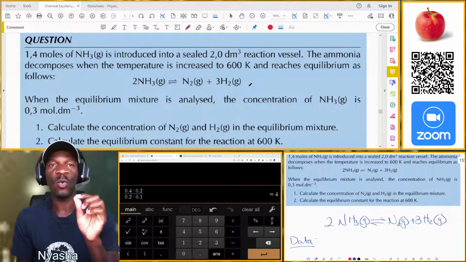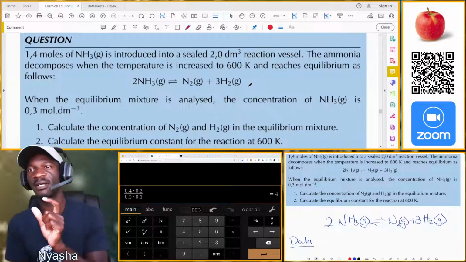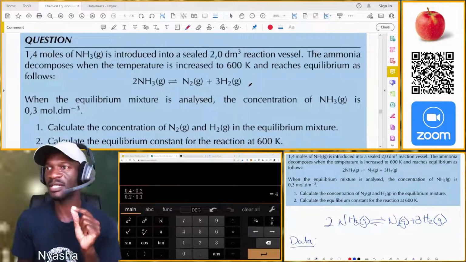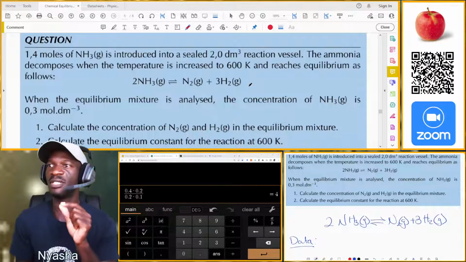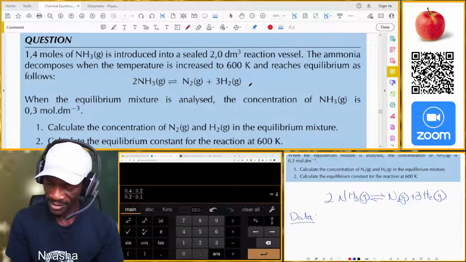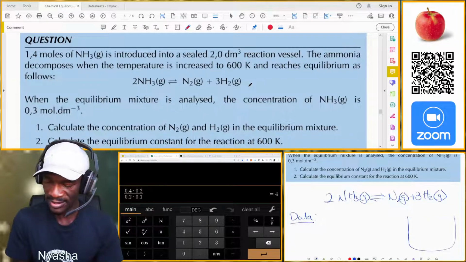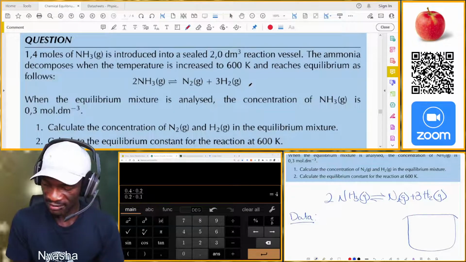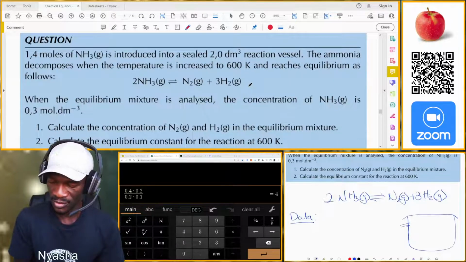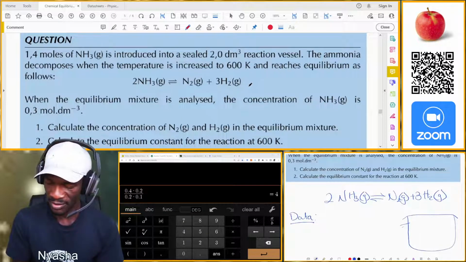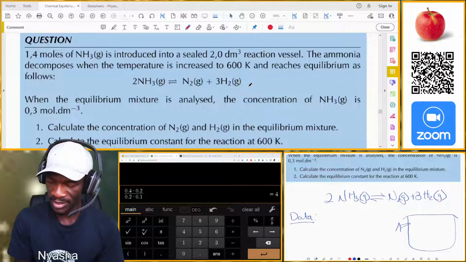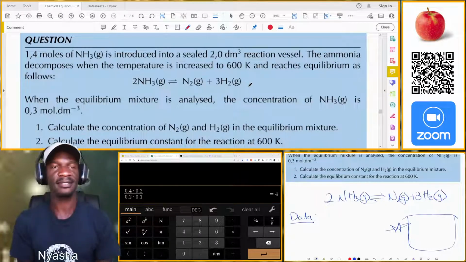They say 1.4 moles of ammonia gas are introduced into a sealed 2 dm³ reaction vessel. So this is our reaction vessel, sealed, and maybe they have a valve somewhere there, and then they introduce this gas.